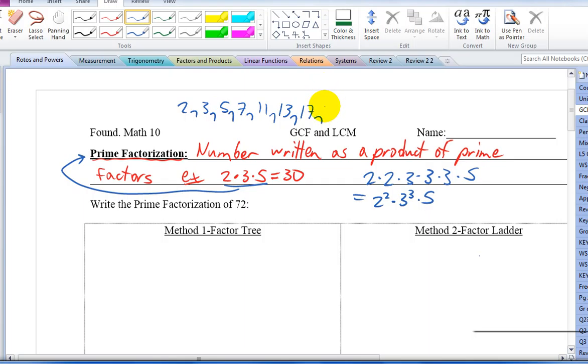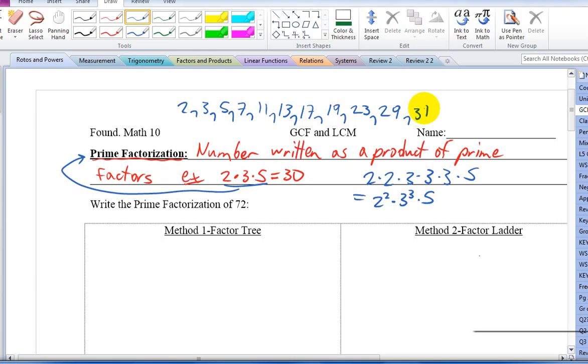No, not 20. There's one before it. 19. 20? No. 2 times 10. What's after that? 23. Then 29.